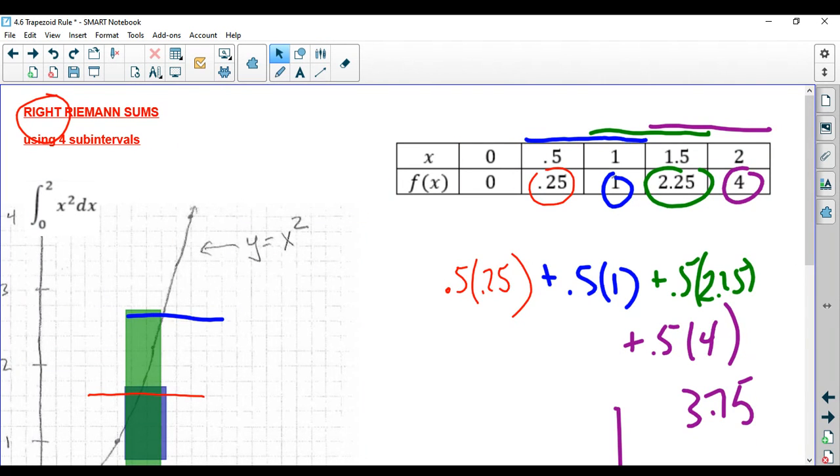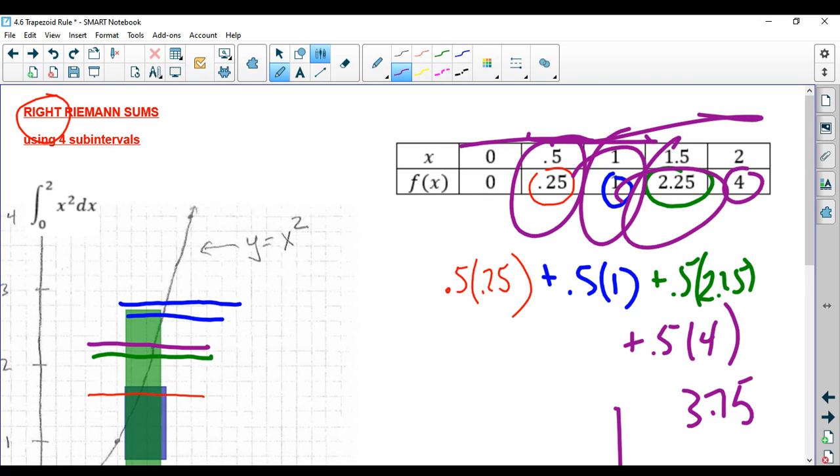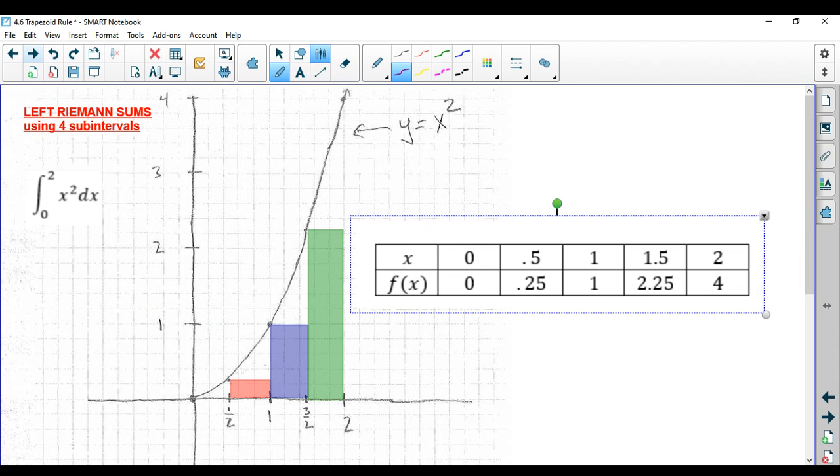But if you're using right endpoints, you just go, all right, 0.5 times 0.25, 0.5 times 1, 0.5 times 2.25, 0.5 times 4. Plug it in your calculator and get the answer. So don't stop the video here. Watch the left. Or you can just try the left, pause it, try the left, and see if you're right.